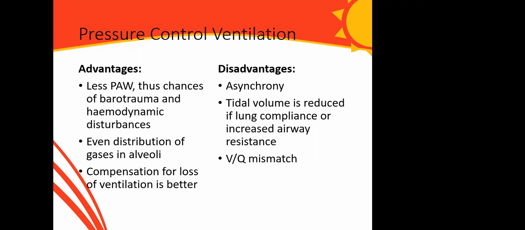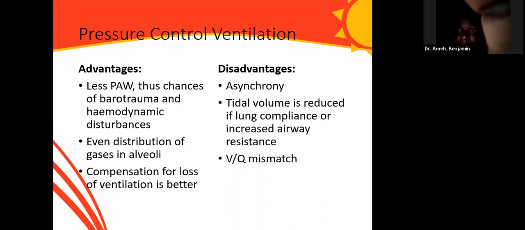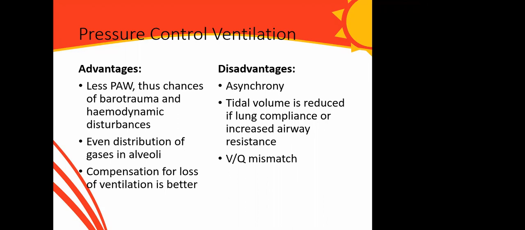Like controlled mechanical ventilation generally, this mode of ventilation is also prone to patient ventilator asynchrony. And in case of reduced lung compliance or increased airway resistance, tidal volume may be reduced. You may not be able to achieve your desired tidal volume. And because of this, you can have ventilation perfusion mismatch.